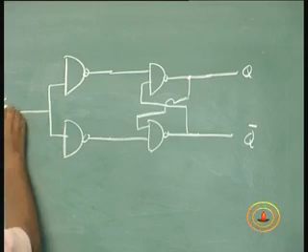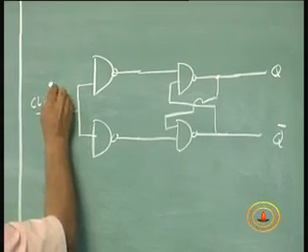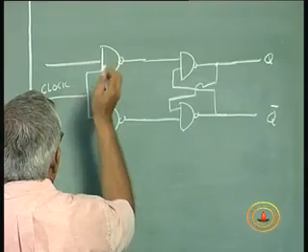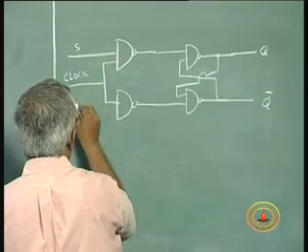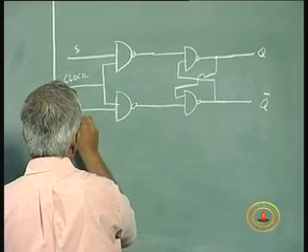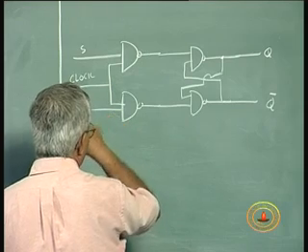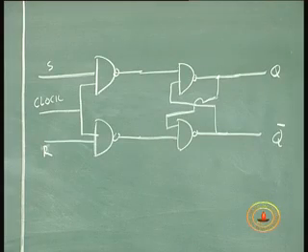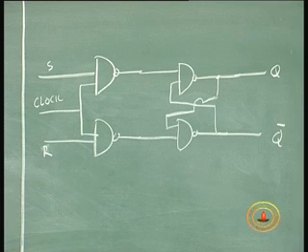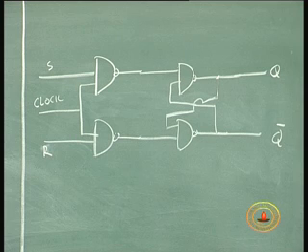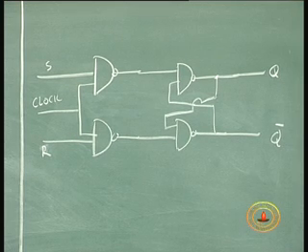We call this clock. If you remember, we wanted it as S or R, and we know how it works. Just now we saw a while ago how the circuit works as an SR flip flop, provided you make sure that the S equal 1, R equal to 1 condition is not encountered.